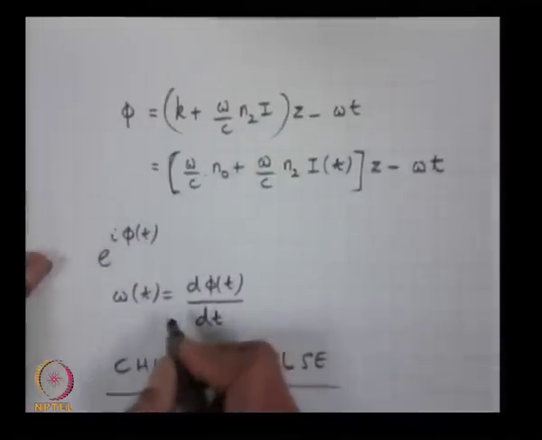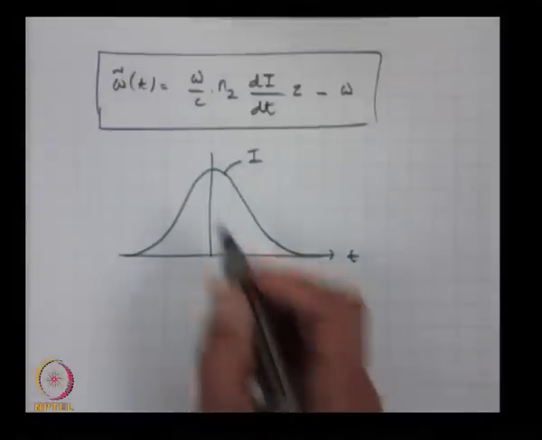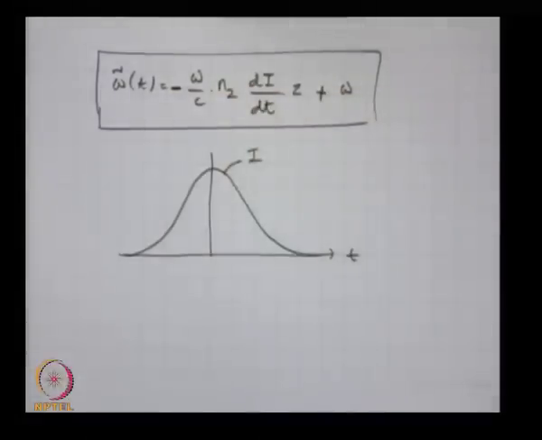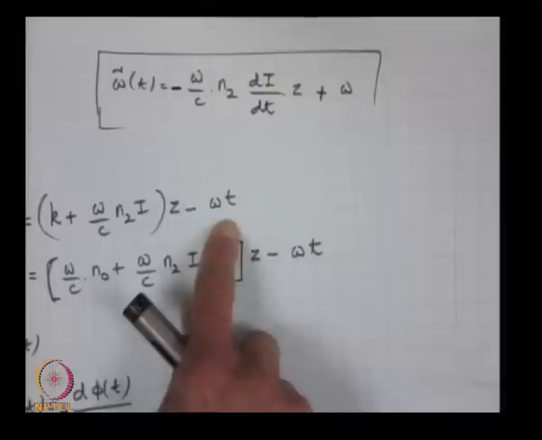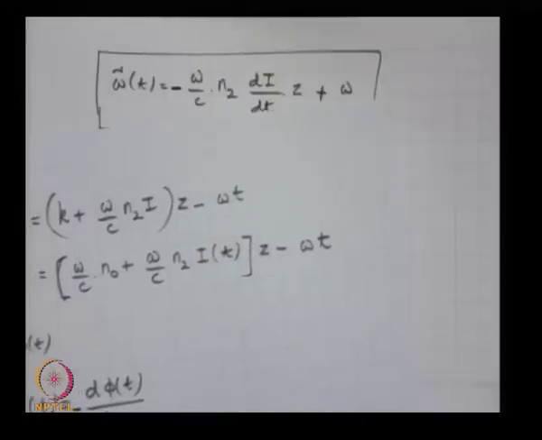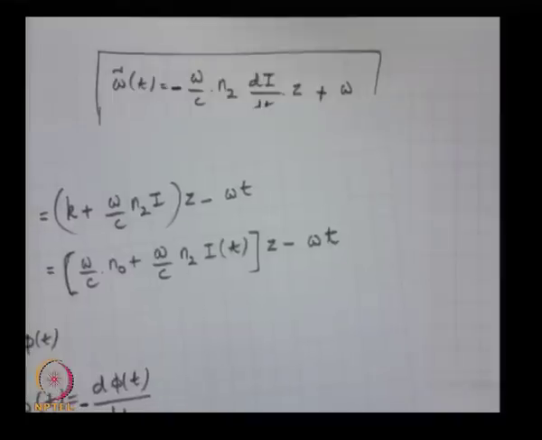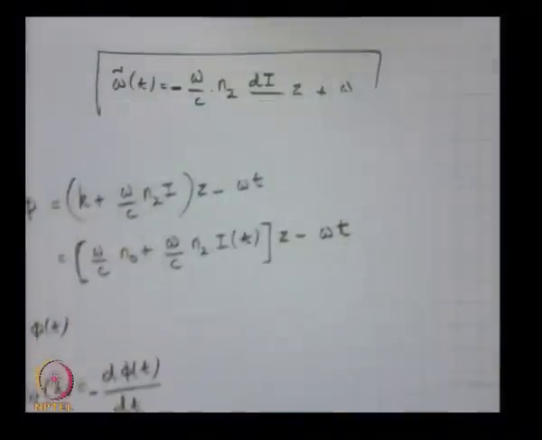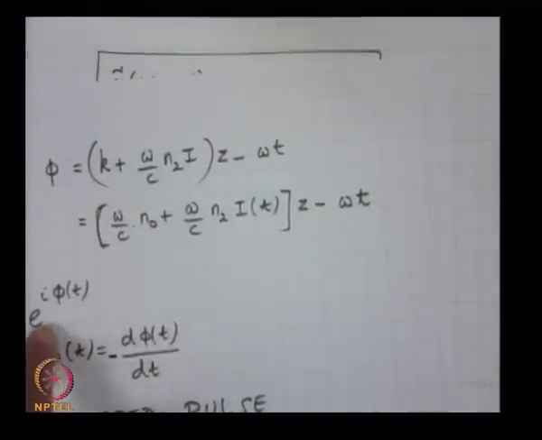So please define it with a negative sign here, so that the frequencies are always positive. Because of exponential minus I omega t here, the frequency of this is omega. So I must define it as minus d phi by dt. If it was exponential I omega t minus kz, I would have defined d by dt of omega t. This is to get the correct expression. If I had minus I omega t, then I would have to call it minus d phi by dt.